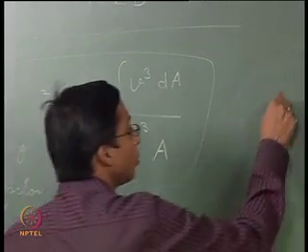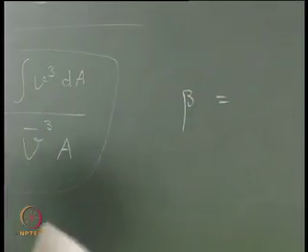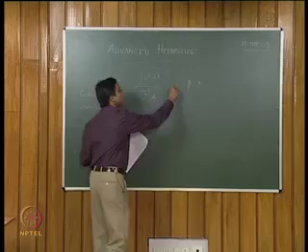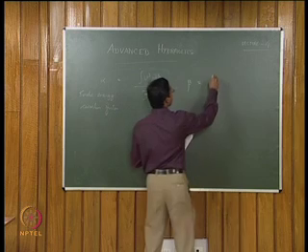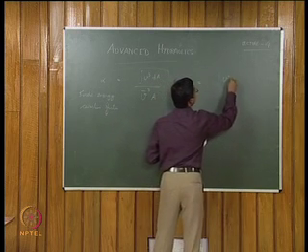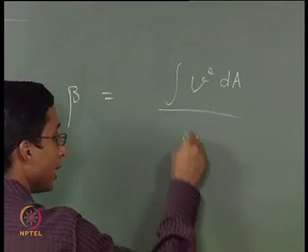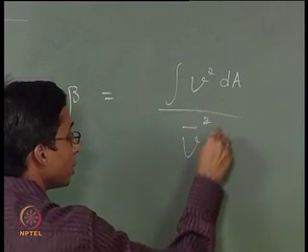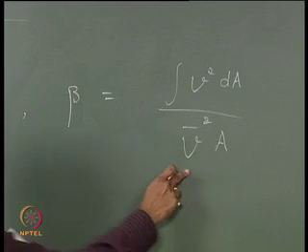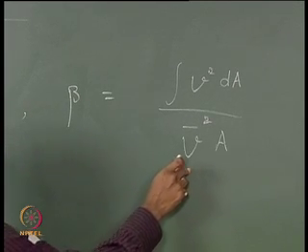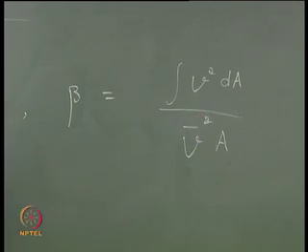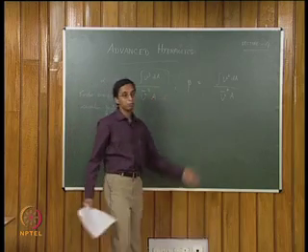You can also compute the momentum correction factor beta. This was given as the integral of v squared dA by the square of the average velocity into the area of the cross section. Like this you can compute alpha and beta.